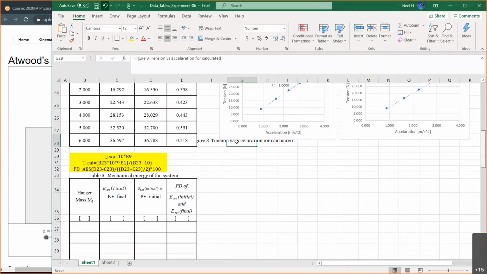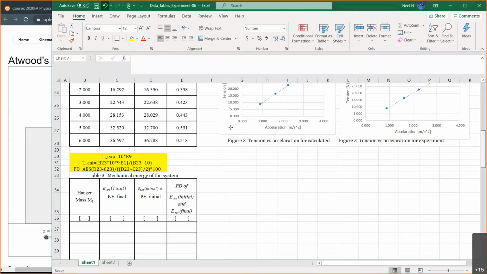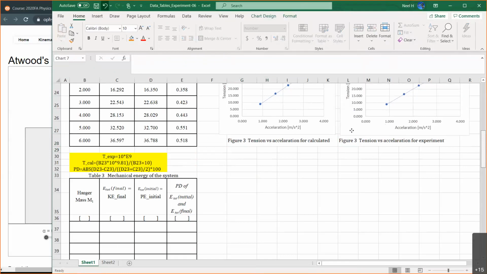Calculated, then it's going to be the same for this one, but for experiment, that's the only difference. It seems to be not much meaningful even doing that. That's okay, just to make sure. That's the one we're observing.